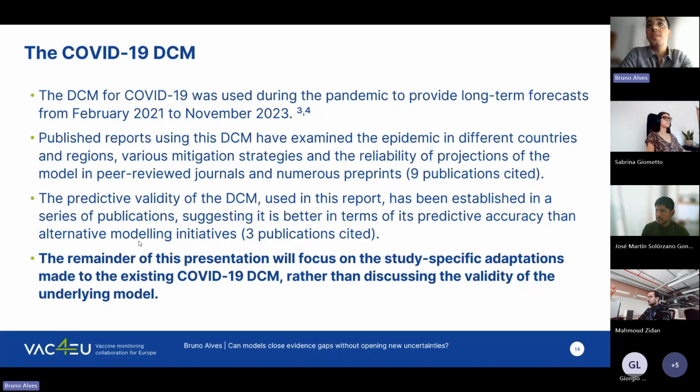So I assumed the validity of this model, and the authors did too. For this presentation, I will not discuss whether the parameters are good or the model is good. I will only focus on the specific adaptations this group of authors made to assess the effect of mask use with this DCM.